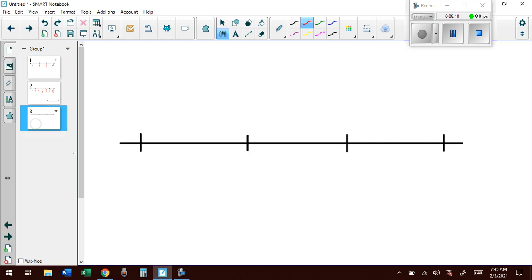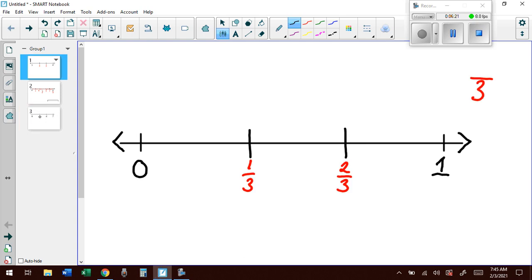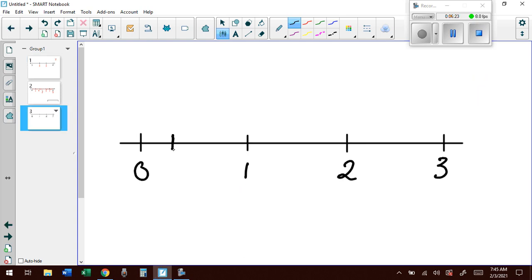So if we had a number line that was 0, 1, 2, 3, 0 to 1 whole is broken up into thirds. 1 to 2 is broken up into thirds.